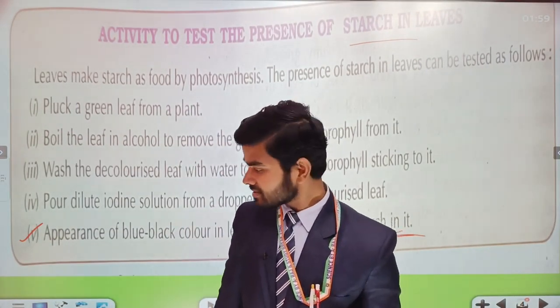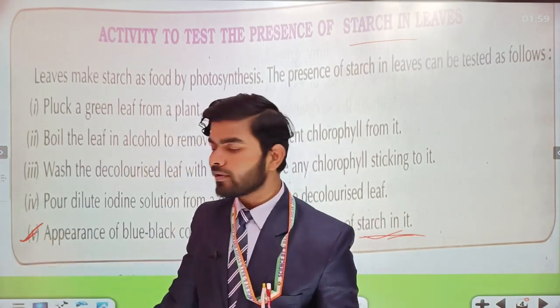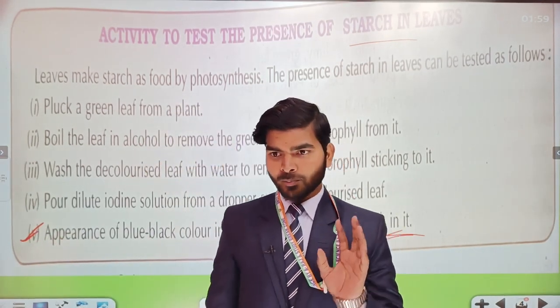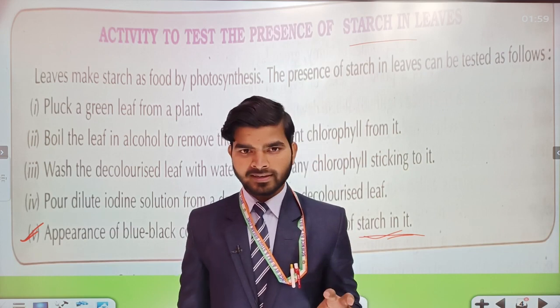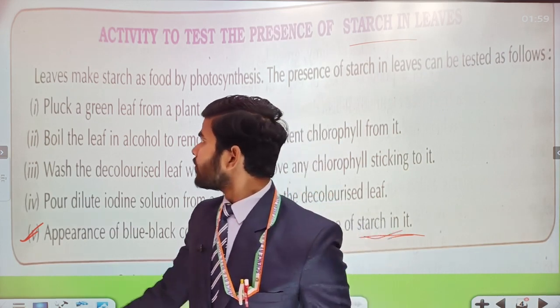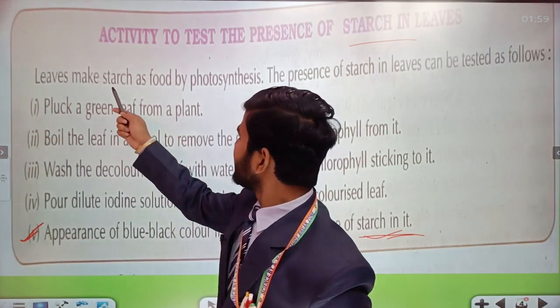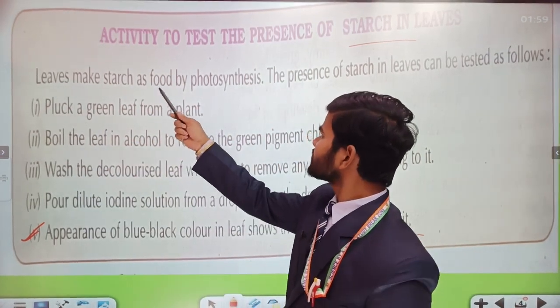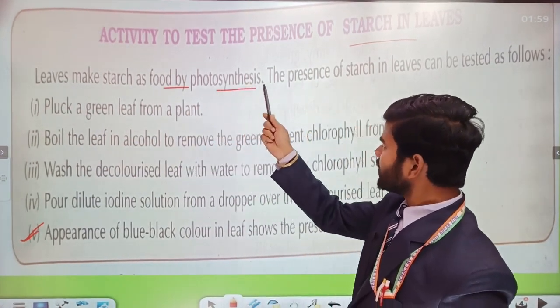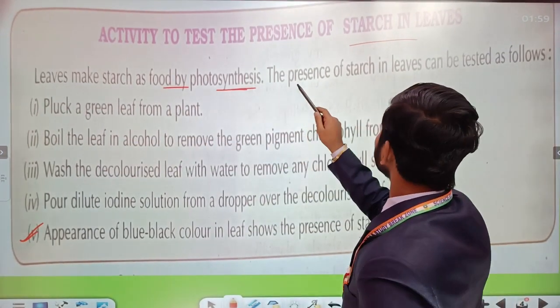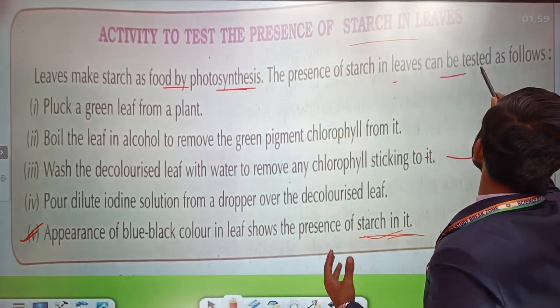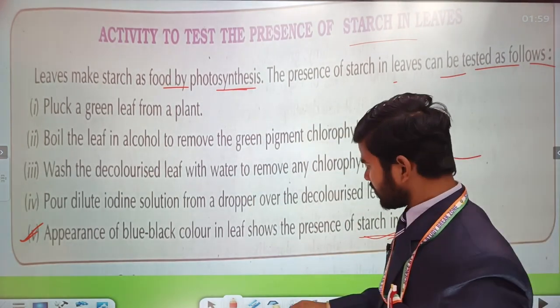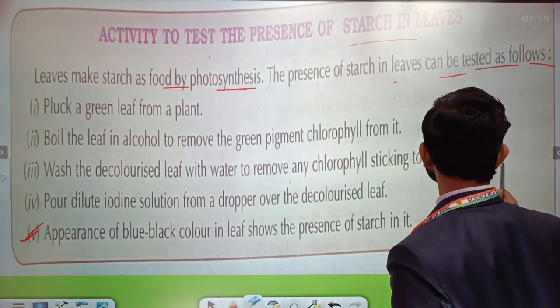Obviously yes, you must write all these 5 points in order to get full marks. All clear? All clear. Okay, the leaves make starch as food by a process called photosynthesis. The presence of starch in the leaves can be tested as follows.